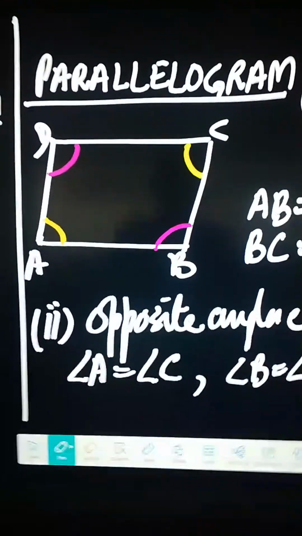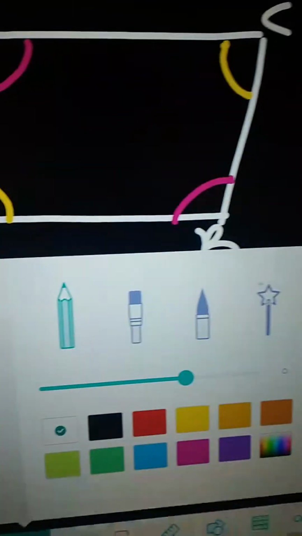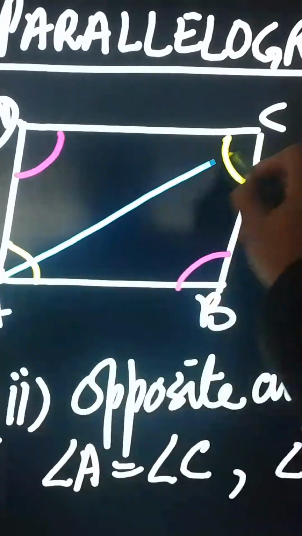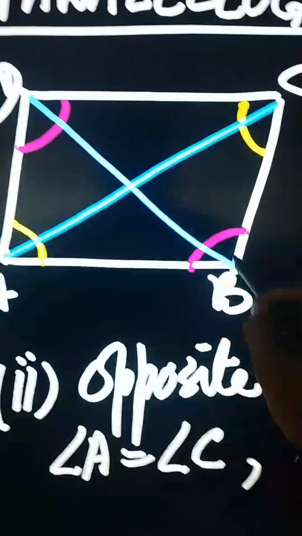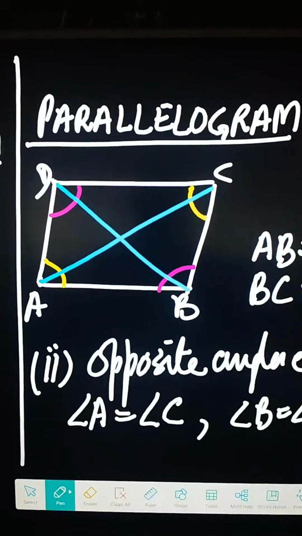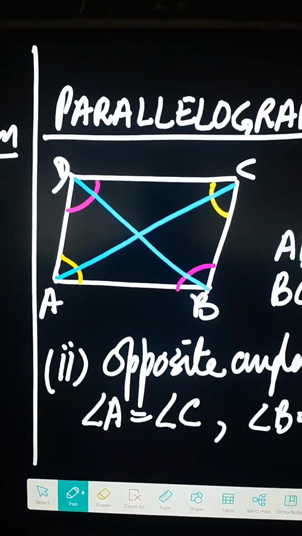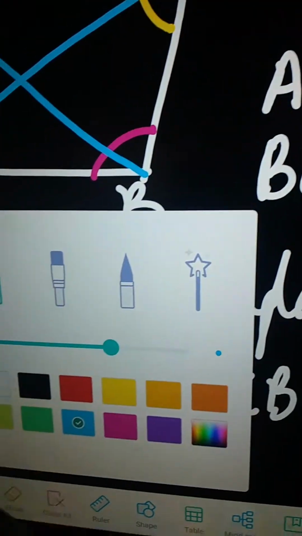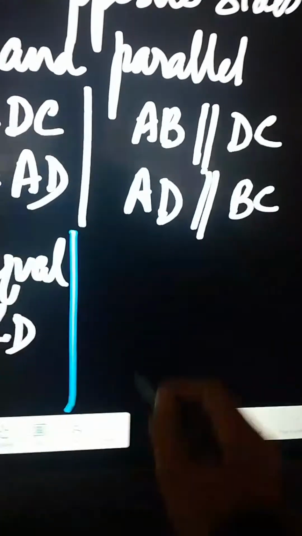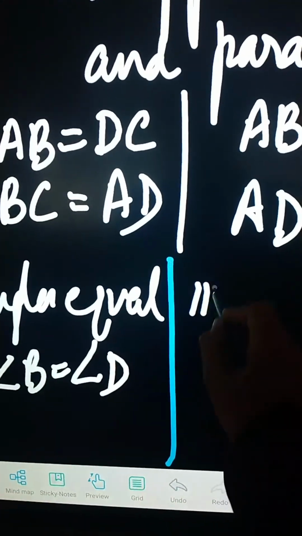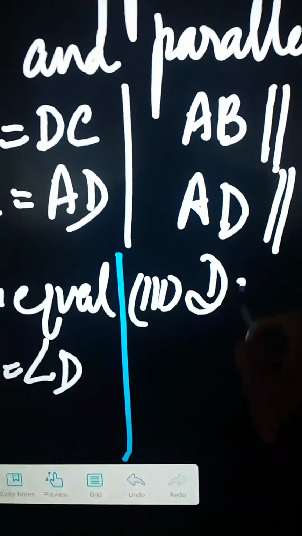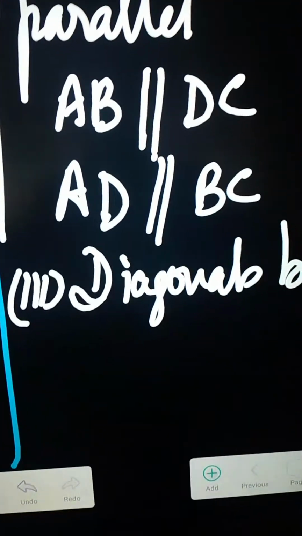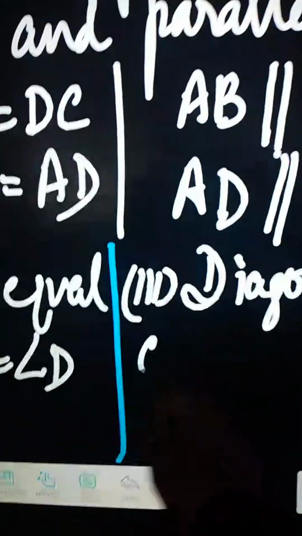Now, if I connect AC, this is a diagonal. So the third property of a parallelogram is that its diagonals bisect each other.